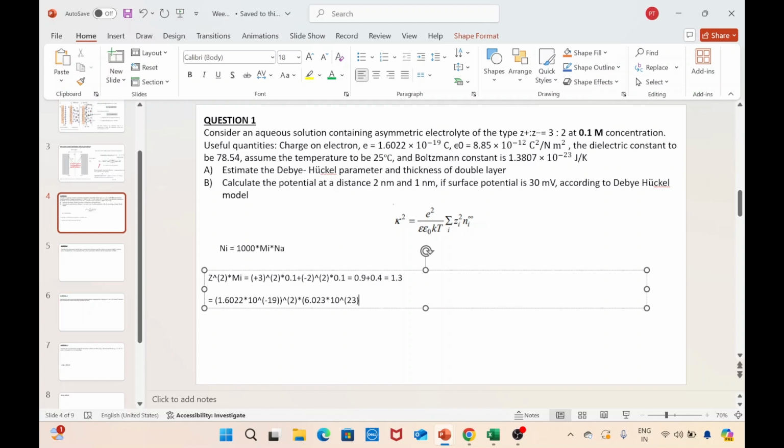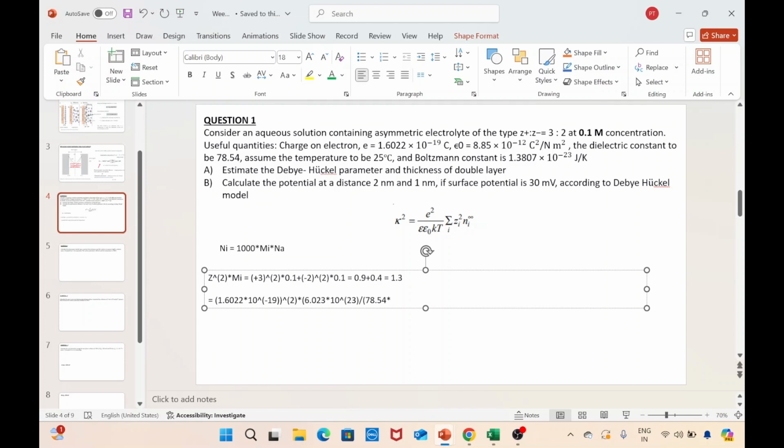So this is the numerator, divided by the denominator. In the denominator you have epsilon, the dielectric constant, 78.54, times your epsilon naught.